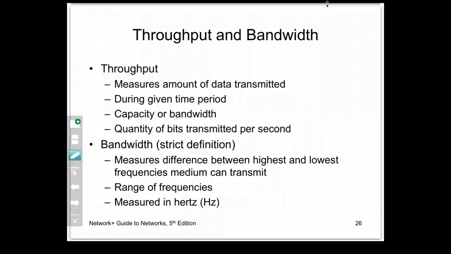The bandwidth, and this is a strict definition, measures the difference between the highest and lowest frequencies that a medium can transmit. The range of frequencies on this one is megahertz, or hertz, I'm sorry.